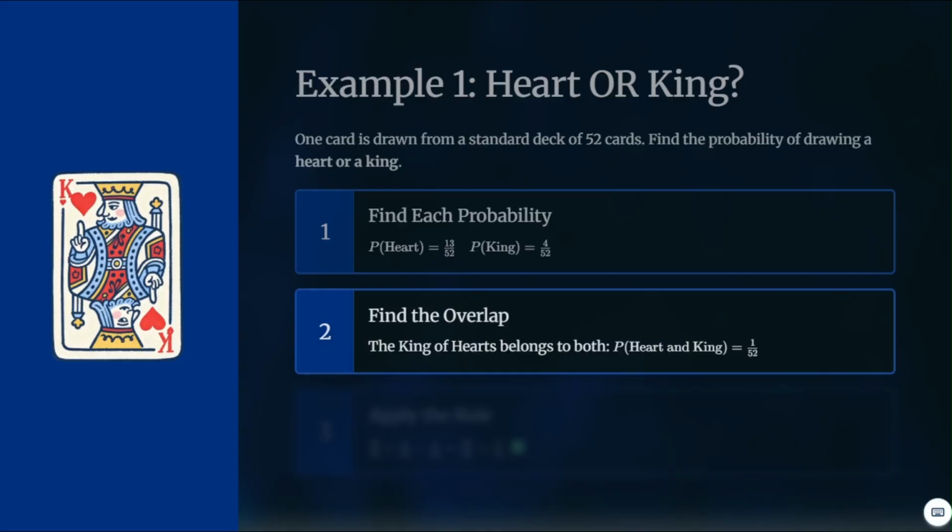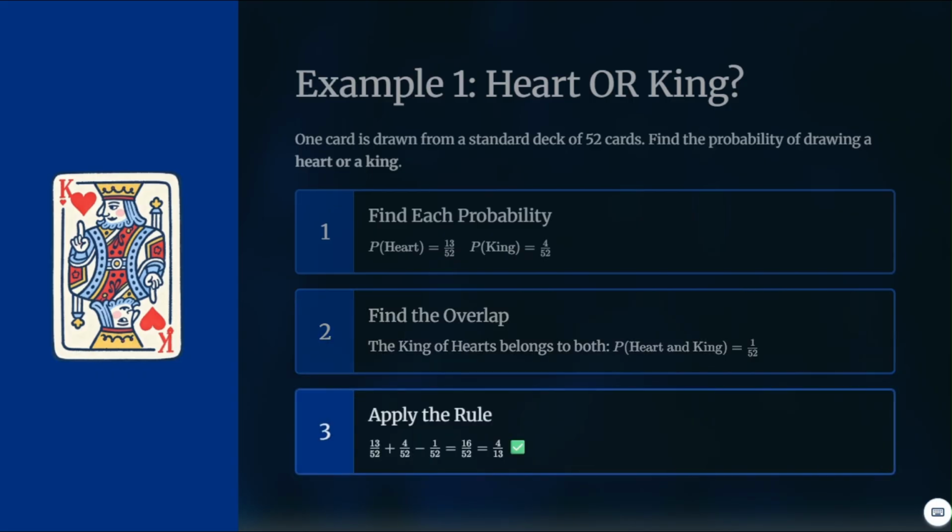Then we need to find the overlap. The king of hearts belongs to both. So the probability of drawing a heart and a king would be 1 out of 52. Applying the rule, that will be 13 over 52 plus 4 over 52 minus the overlap 1 over 52, and that will be 16 over 52, which simplifies to 4 over 13.